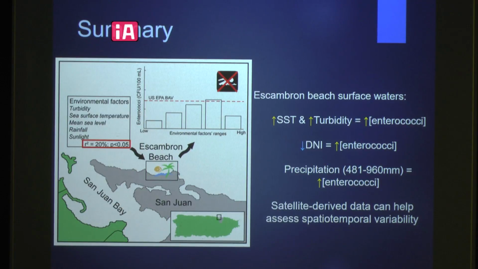Lower irradiance led to high concentration of enterococci. And with precipitation, it was specific values, specific ranges that led to high concentration of enterococci. All of this suggests a public health concern for this specific area for this time period. And lastly, satellite-derived data can help assess spatiotemporal variability, like it was shown with the turbidity image, to better understand what is going on and to develop early warning systems.